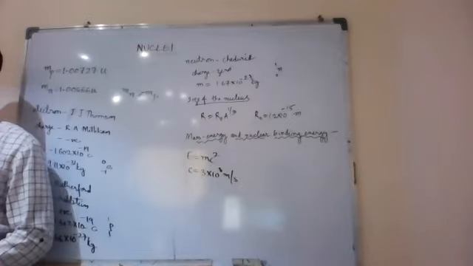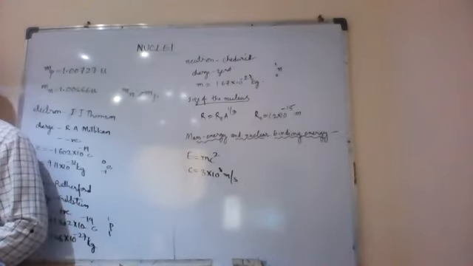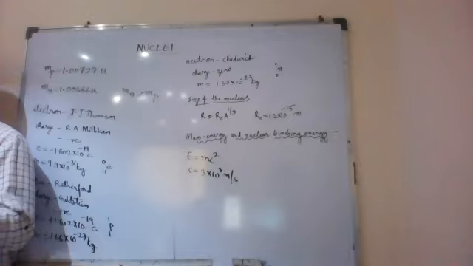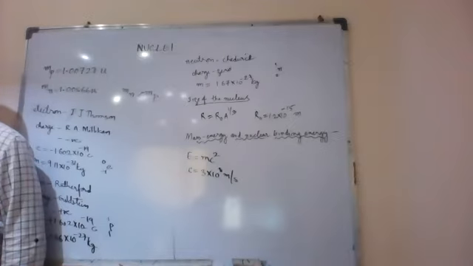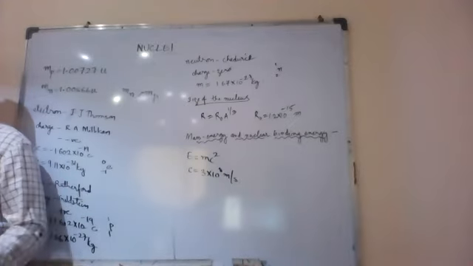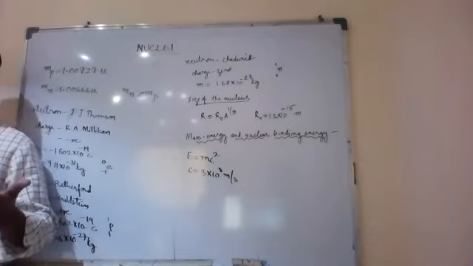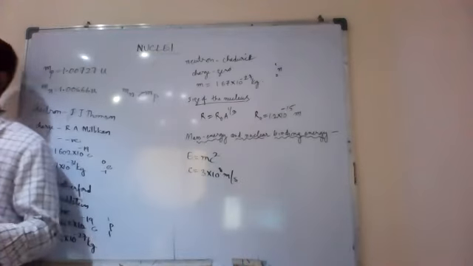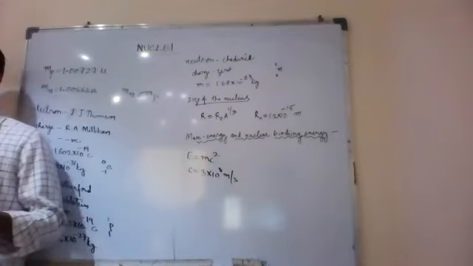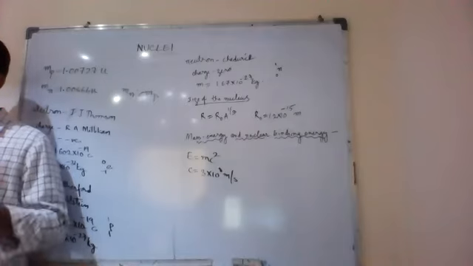What exactly is it? See here. If you burn 1 kg of coal, you get a lot of energy, right? So his concept was, can we convert energy into mass? When we burn any fuel, we get energy. But can we convert that energy into mass? That was his concept.